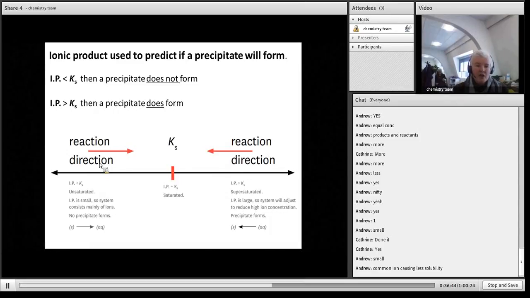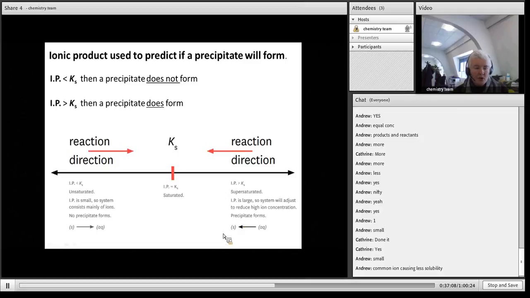So when it reaches equilibrium, it's got to go forward, and I'm going to get more ions being formed. But if my ionic product is bigger, then I've got to get rid of those ions to reach equilibrium, so I'm going to get a precipitate being formed.